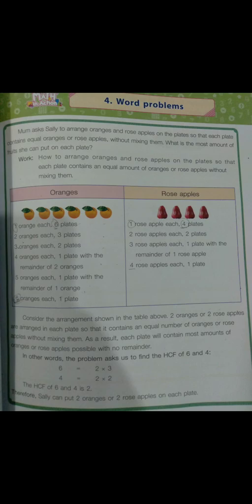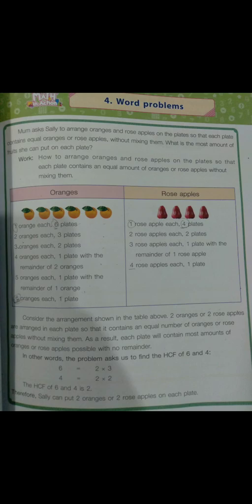In other words, the problem asks us to find the HCF of 6 and 4, highest common factor. So 6 equals 2 times 3, and 4 equals 2 times 2. The HCF of 6 and 4 is 2.